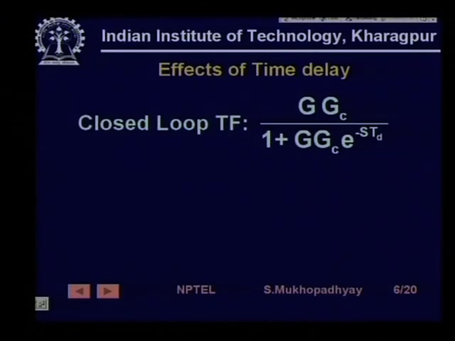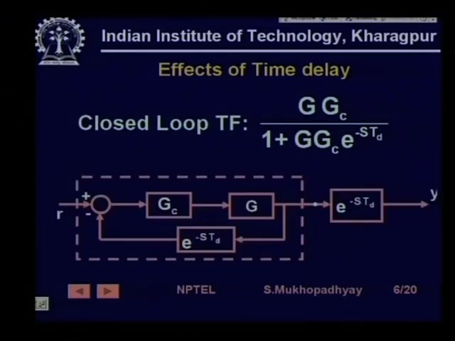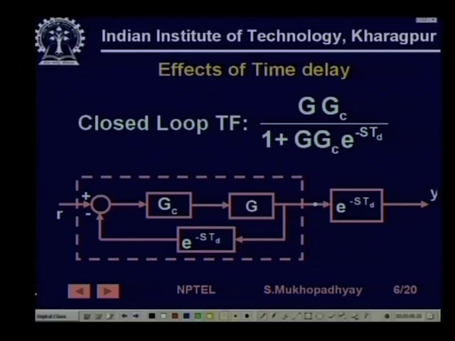That is what we want to study and try to understand. So let us look at this same transfer function in a slightly different way. I am now looking at the loop differently.